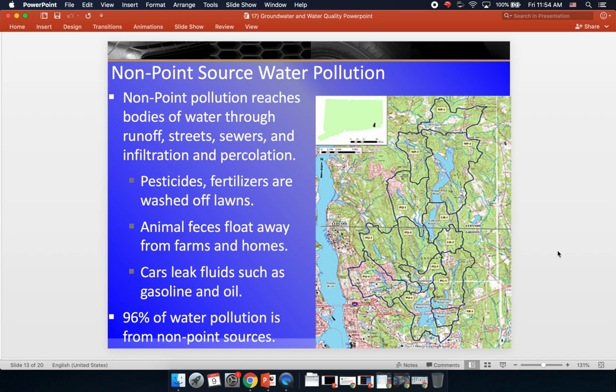But we can't readily see these non-point source pollution sources, and sometimes we don't even realize we're contributing to them when we do, and it's a lot harder to manage and a lot harder to control for. Controlling and preventing non-point source water pollution is largely up to us regular people. We have to be mindful about what we're doing that could potentially be a source of water pollution.